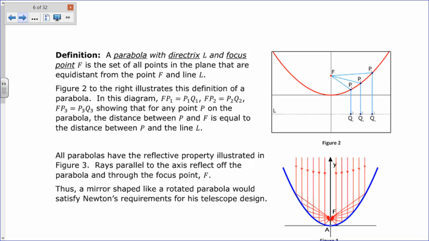In this diagram, FP1 is congruent to P1Q1, FP2 is congruent to P2Q2, and FP3 is congruent to P3Q3. So for any point P on the parabola, the distance between P and F is equal to the distance between P and line L.